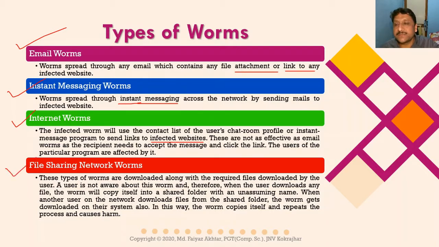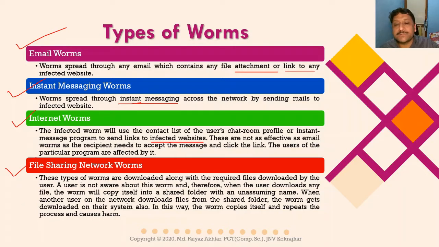Next one is file sharing network worms. These types of worms are downloaded along with the required files downloaded by the user. Some files we download from unauthorized, unsecured or unsafe websites, and from there you get worms downloaded also. The user is not aware of this worm, and therefore when the user downloads any file, the worm will copy itself into a shared folder with an unassuming name.